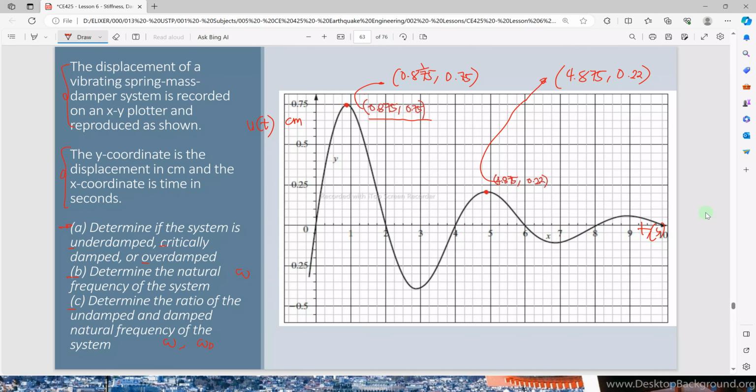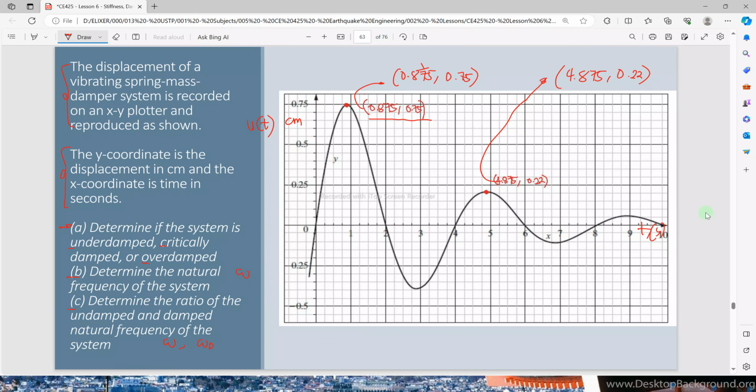So we have ui over ui plus 1 is equal to e to the negative 2 pi, the damping ratio times the natural frequency over the damped natural frequency.